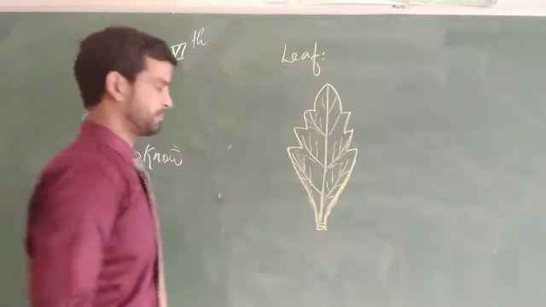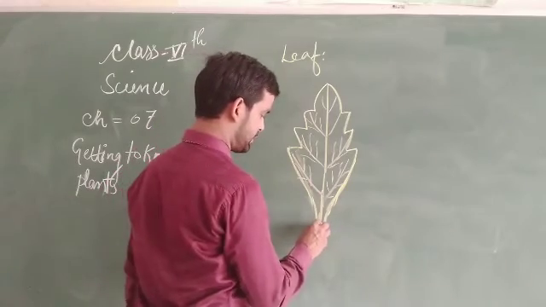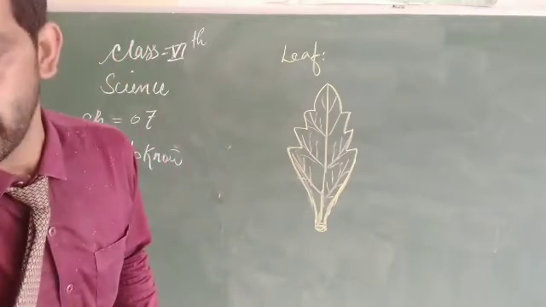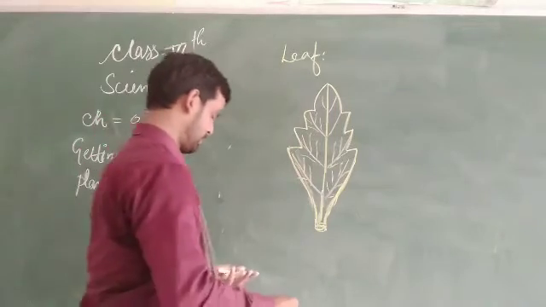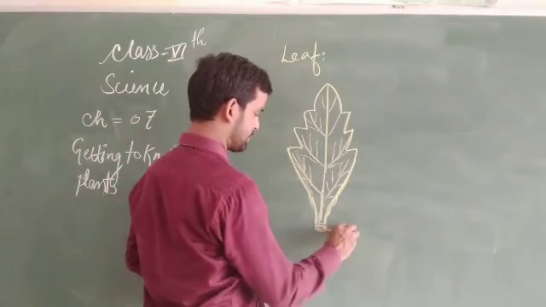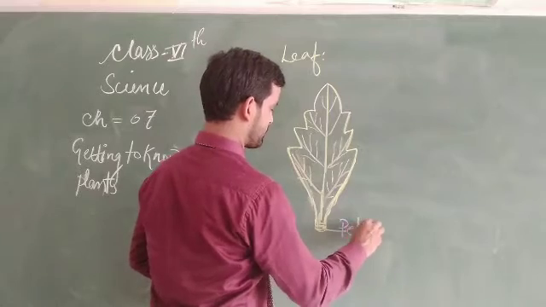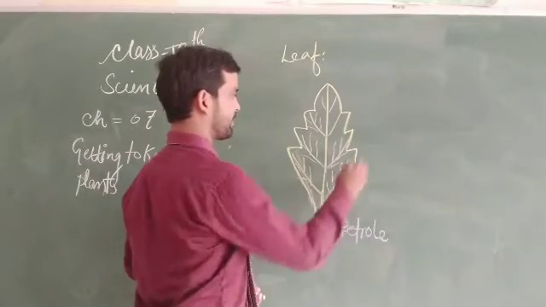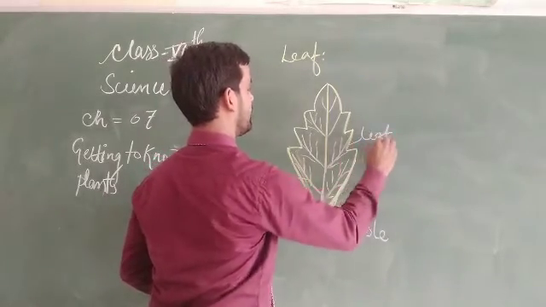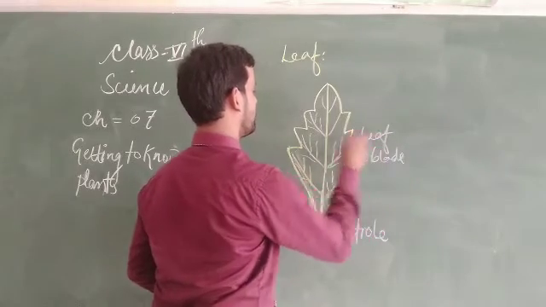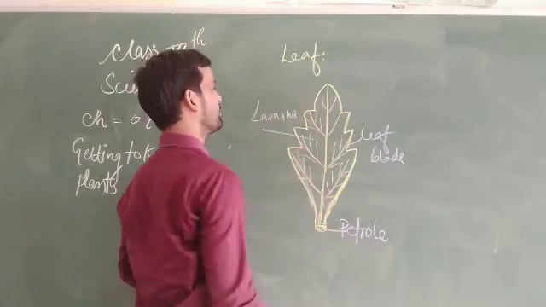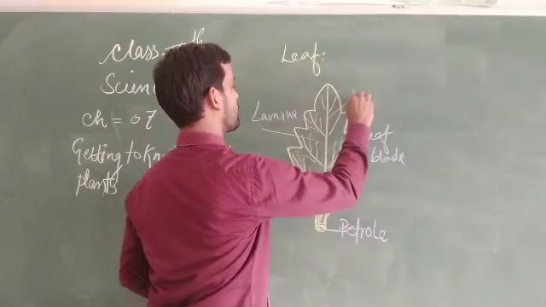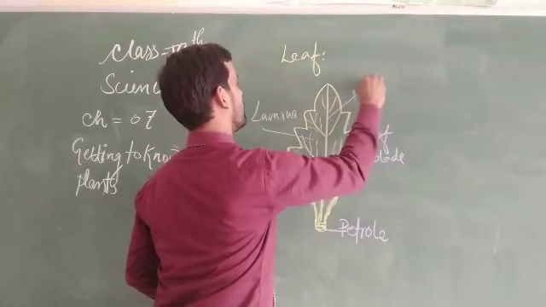It is a leaf. This part is termed the petiole. This is the leaf blade, that one is lamina. This one is called midrib.